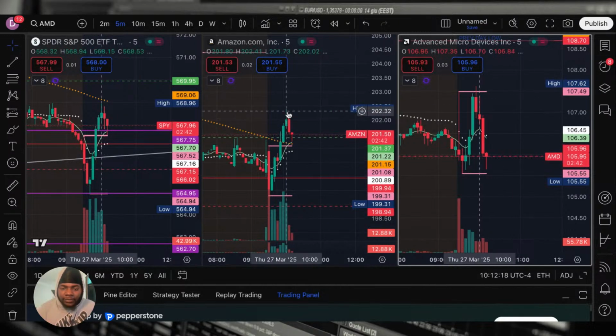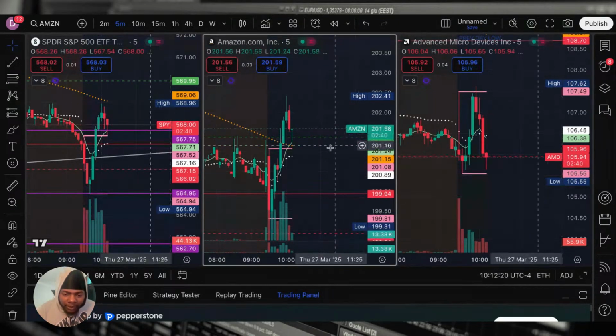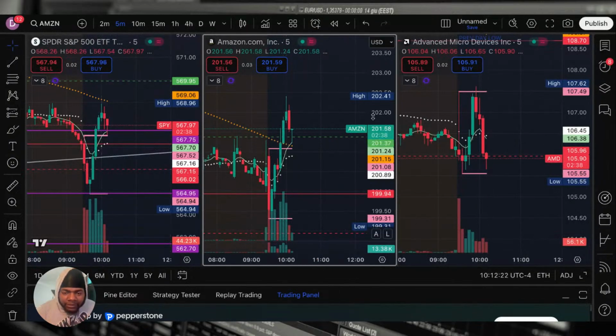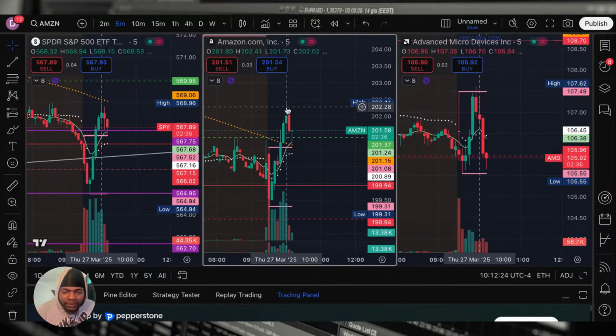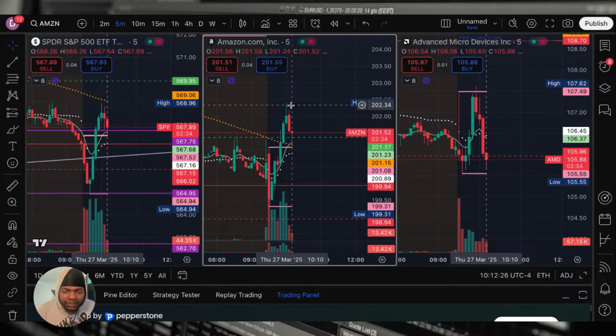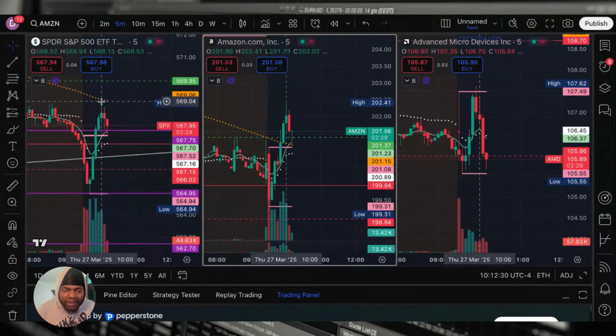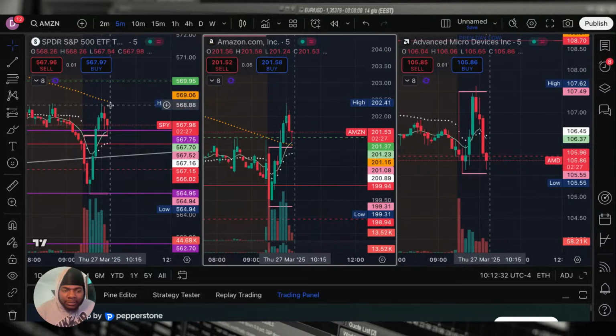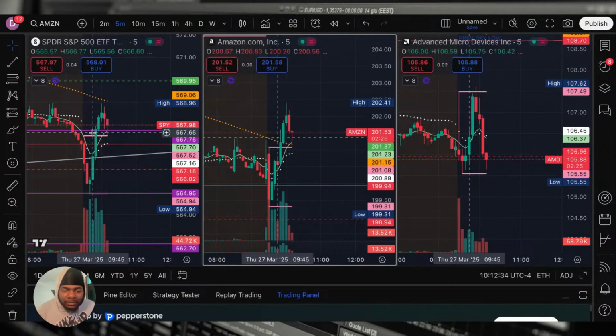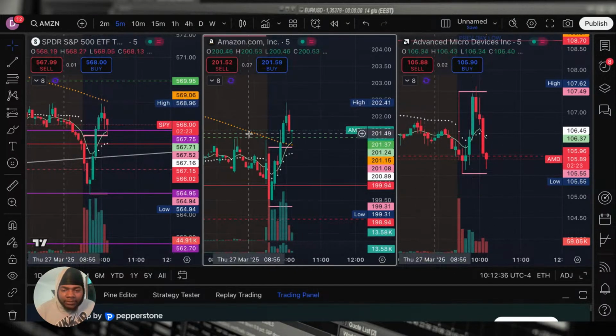Got up to like 31% right here. We got in right around 200 moving average. We got up to about 31% up here toward the top, and then we rejected. I got out because I seen SPY sitting right above that 200 moving average. You don't play with that 200 moving average. That's the only reason I got out.